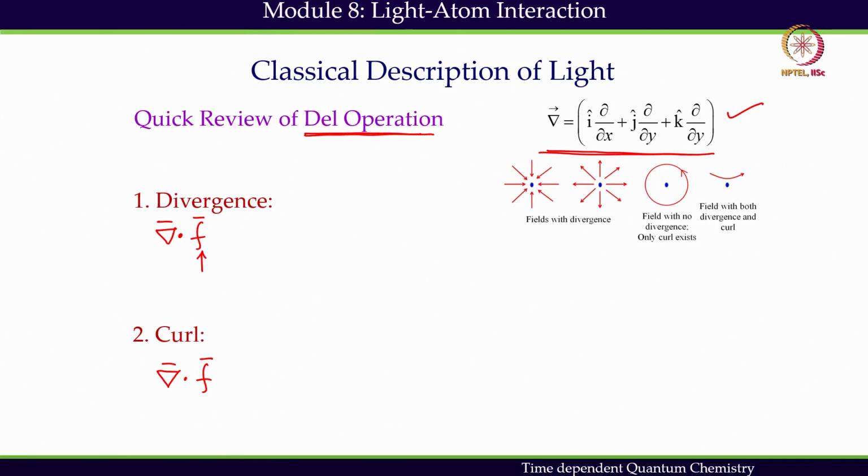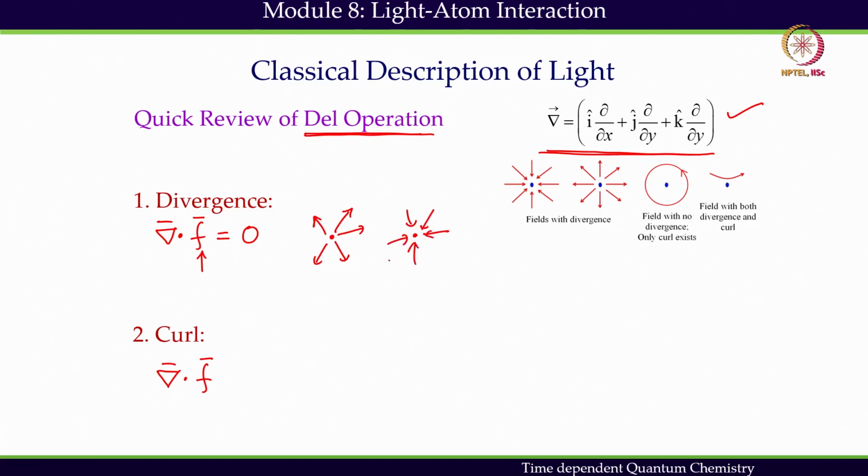And the physical meaning of these two products is the following. If I take the dot product, and if the dot product is 0, it means that the field is not diverging from a point in the medium or converging to a point. None of this is happening.